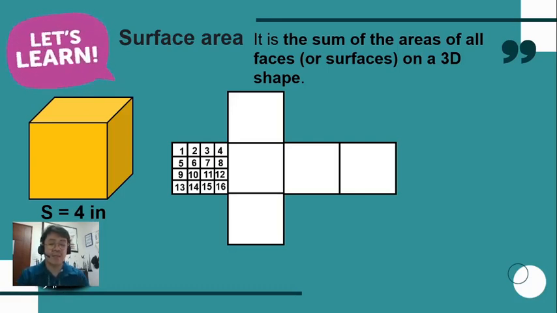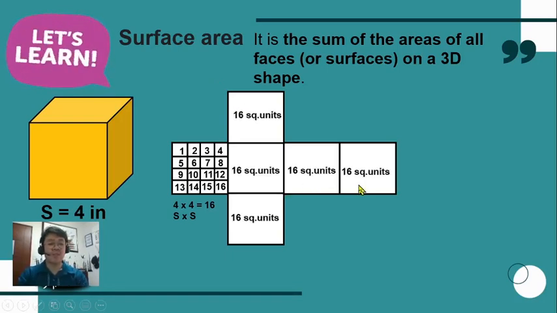So one face of the solid figure is equal to 16 square units. Or, if you remember getting the area of a square, we can simply multiply side times side, which means 4 times 4 is equal to 16. Therefore, the other faces, 1, 2, 3, 4, 5, are also equal to 16 square units.